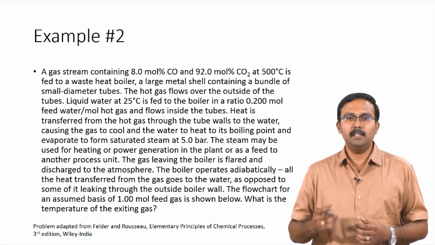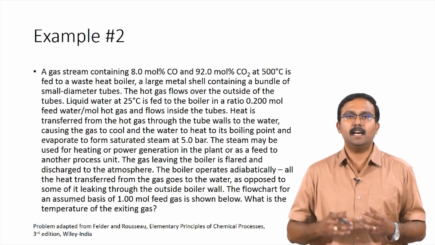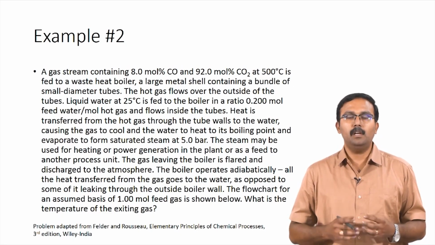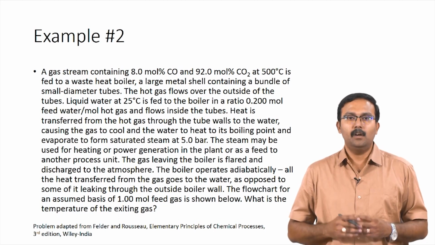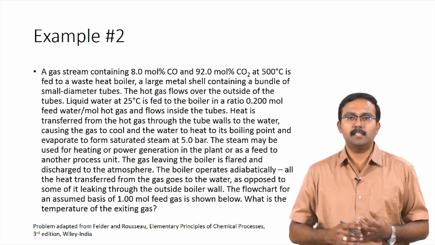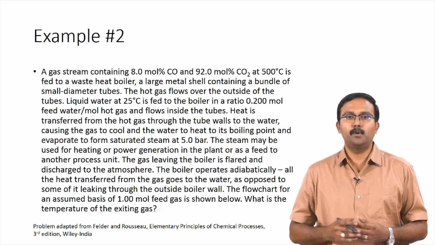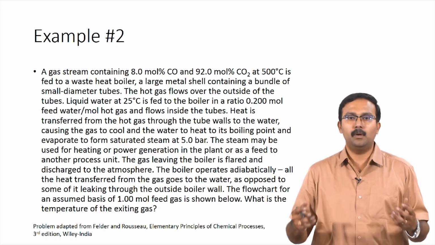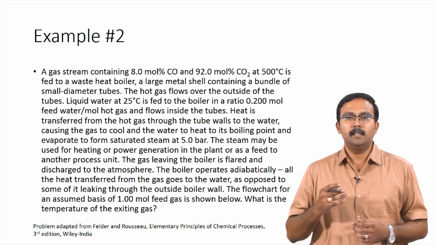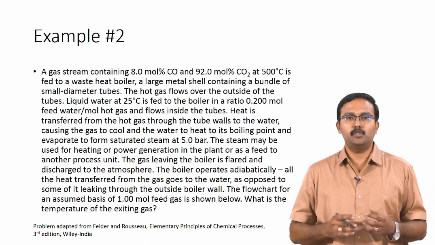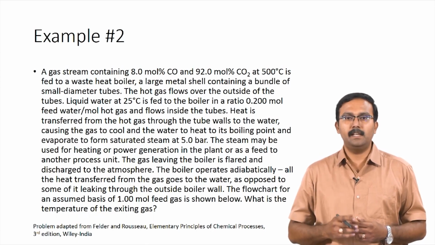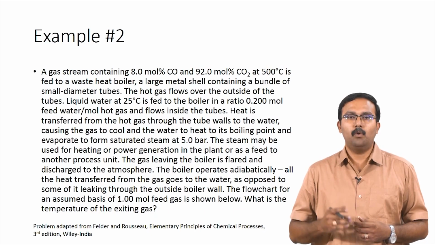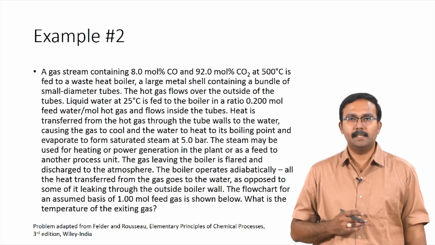The gas leaving the boiler is flared and discharged to the atmosphere. The boiler operates adiabatically. All the heat transferred from the gas goes to the water as opposed to some of it leaking through the outside of the wall. The flow chart for an assumed basis of 1 mole of feed gas is shown below. What is the temperature of the exiting gas?